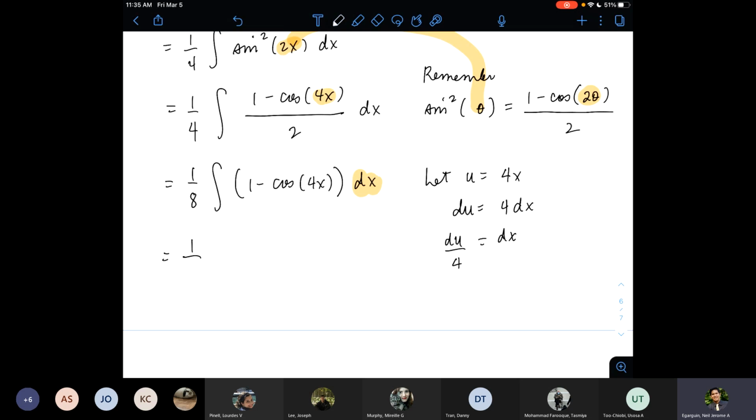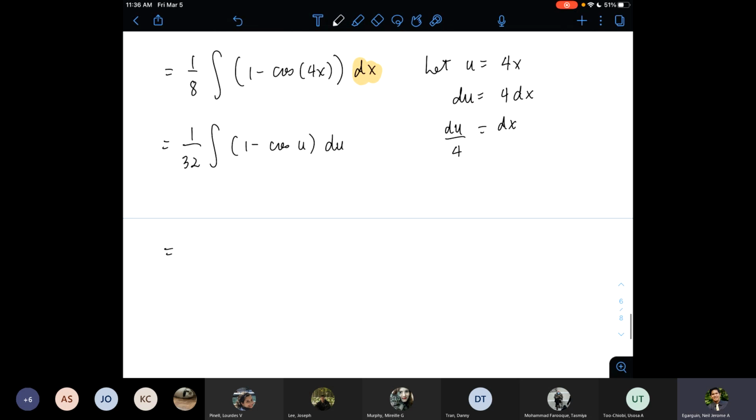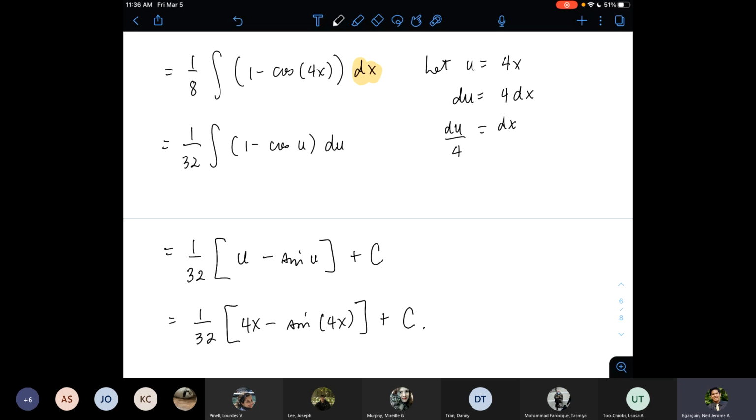I can put the 4 outside the integral, and we'll have 1 minus cosine u du. So we'll have 1 over 32. The integral of 1 is u. The integral of negative cosine is negative sine u plus the arbitrary constant c. And then we revert to the original variable. So this is 4x minus sine of 4x plus c.